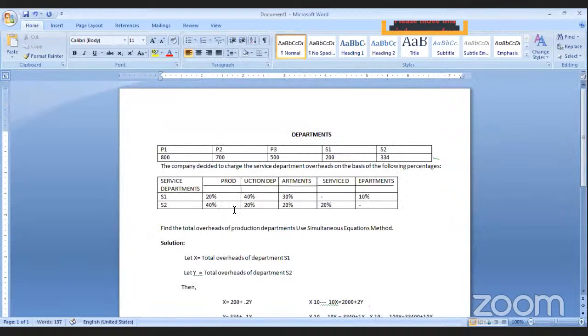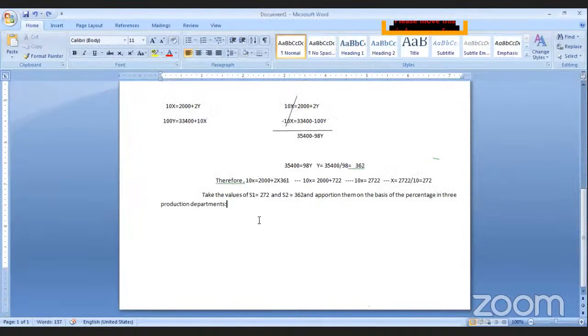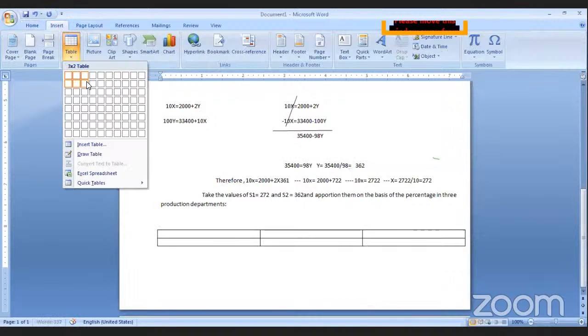See, percentages are given just like in yesterday's problem. Percentages are given in the table. In this table, you can find these percentages. So you will not consider these percentages now. Only these percentages you will take into consideration. Okay. Now, see how to do it. Insert file.